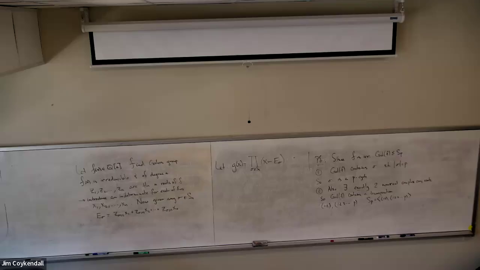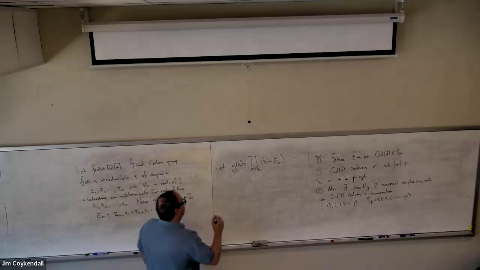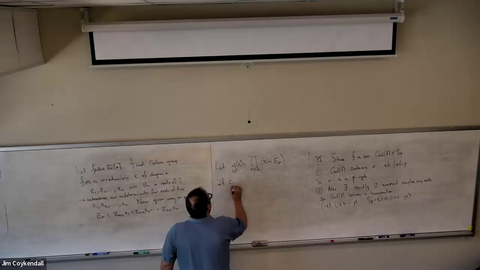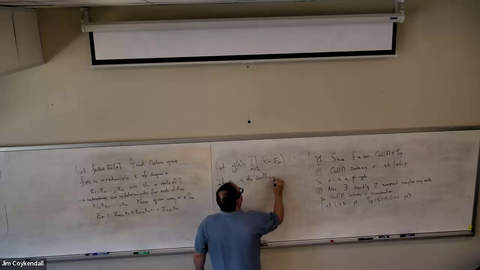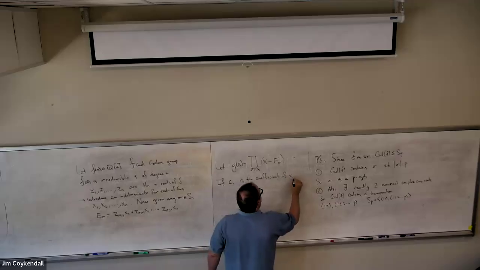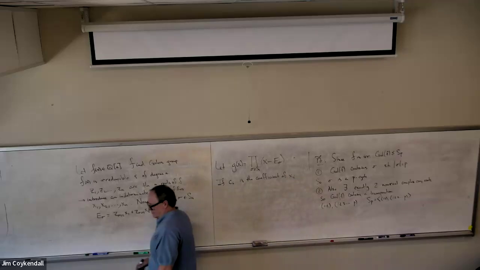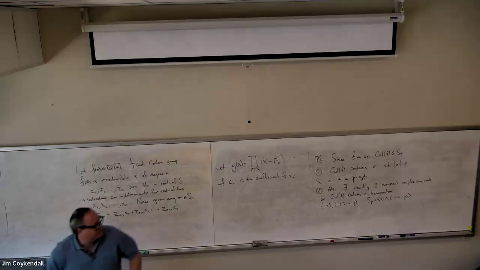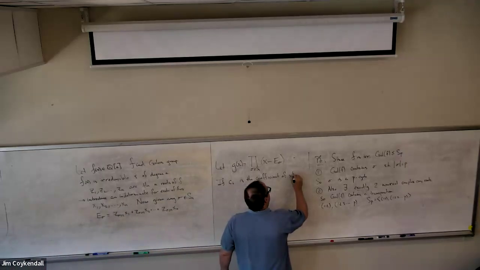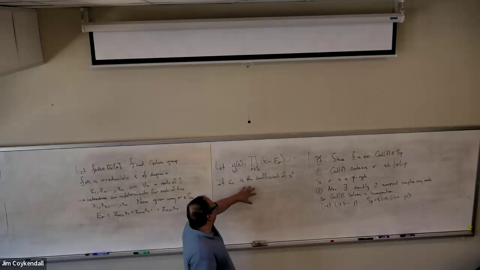Now, let me make this observation. Ci is the coefficient of x to the i, whatever the ith power is.